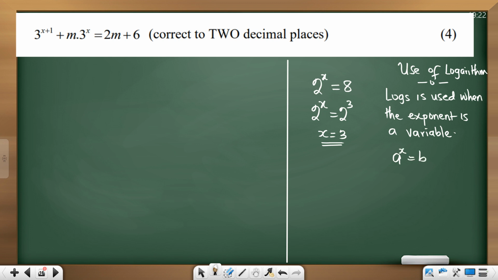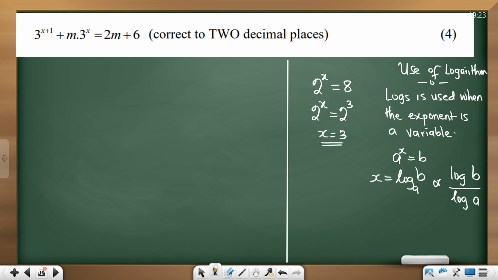How do I get x using logs? x, I just dropped the base, would be equal to log base a of b. I'll show you where it is on the calculator. Log base a of b, the base is a, or log b over log a.